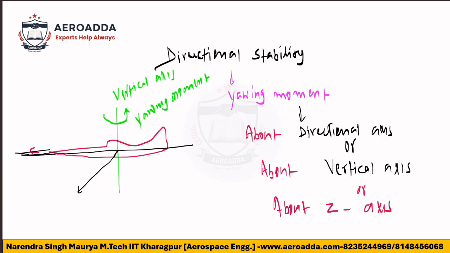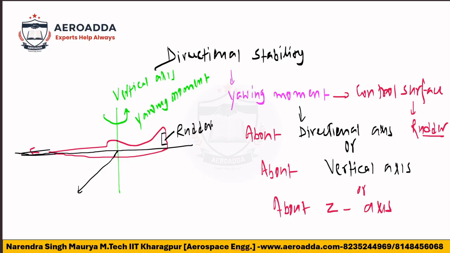If you talk about the yawing moment, what is the control surface? It is nothing but the rudder. The rudder is mounted on the vertical tail, or the vertical stabilizer.